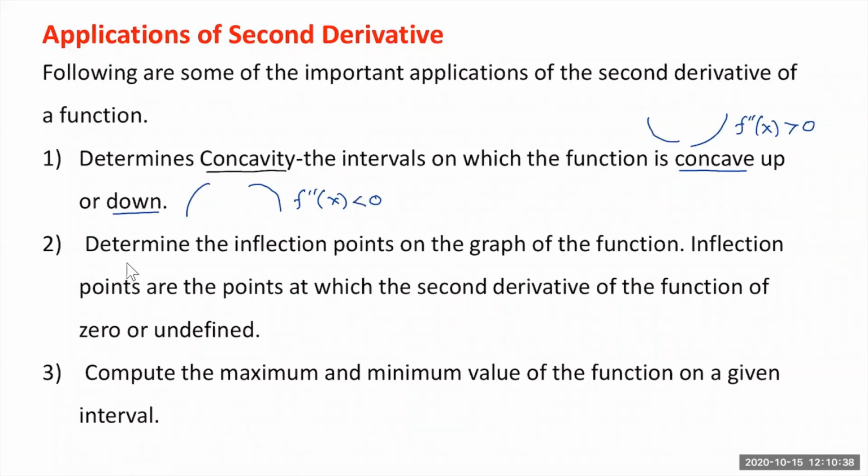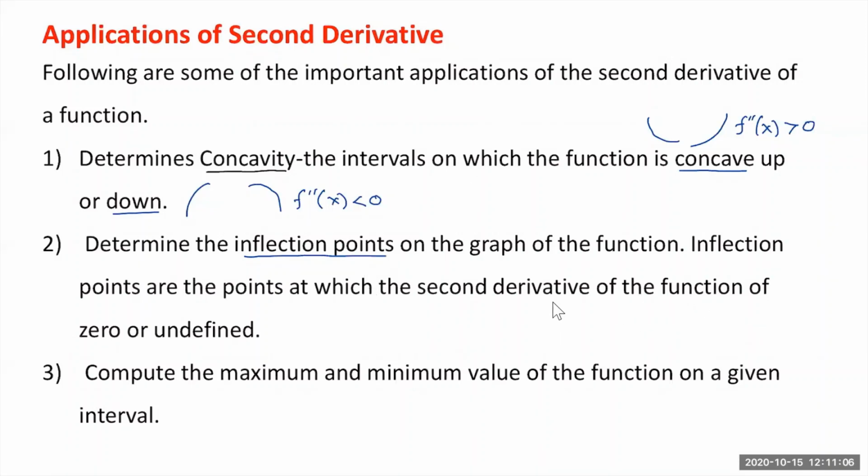The second derivative helps us to determine the inflection points. Inflection points are the points where the second derivative of the function is 0 or undefined. That is, we are going to find the inflection points using the second derivative.